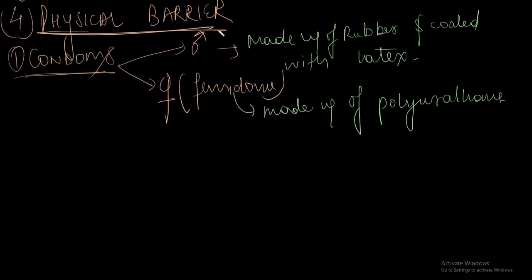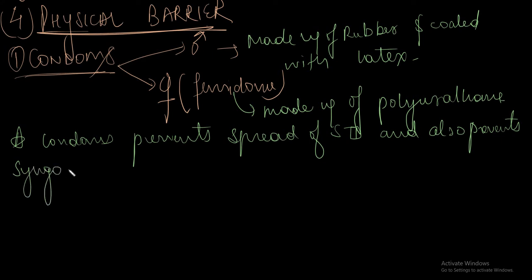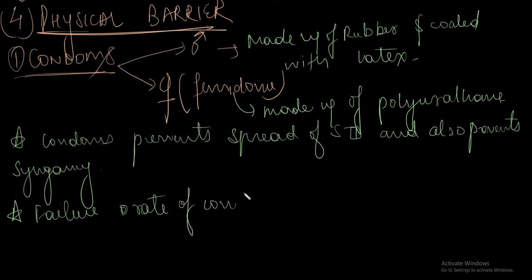Now the important line is that condoms prevent the spread of STDs and also prevent syngamy. Next, the failure rate of condoms is 2 to 3%.